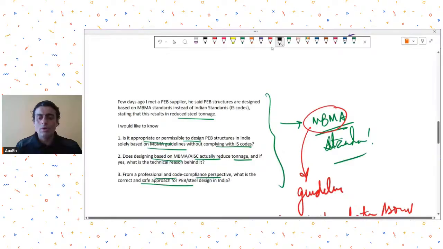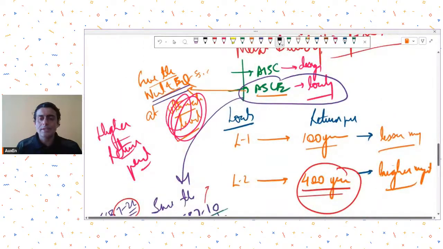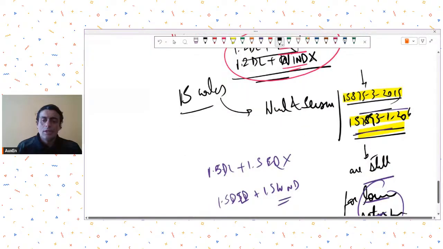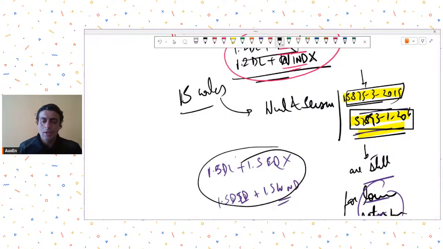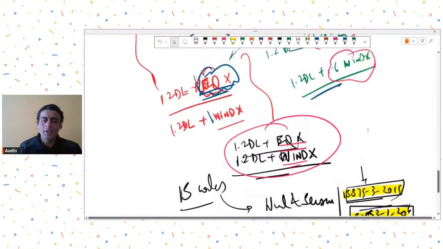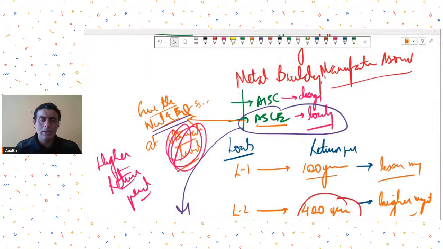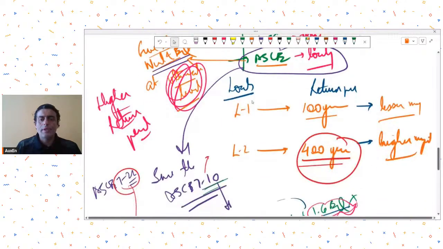So if at all you want to use the AISC standard and ASCE standard, what I will suggest is that you take the loads from IS 875 part 3, you take the loads from IS 1893 part 1, you make the load combinations also as per the Indian code, and then if you want, you run the design using AISC 360. That you can do. Then it will not be a problem. So if you want to do it appropriately, this is what you should do.